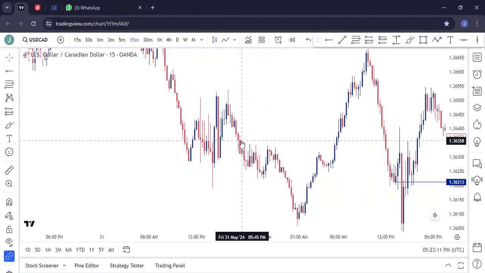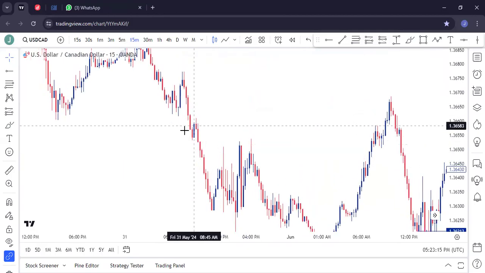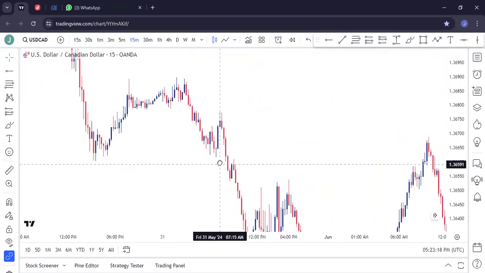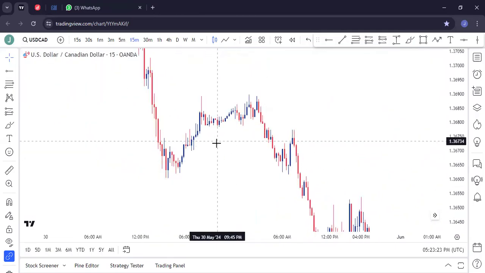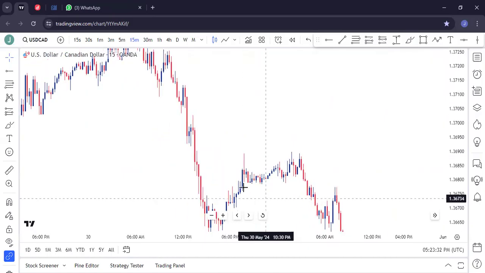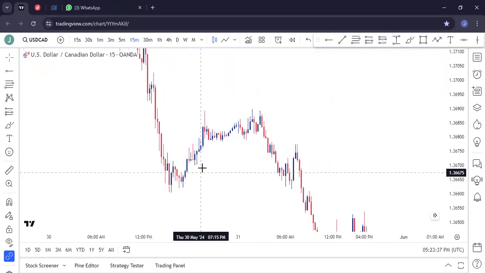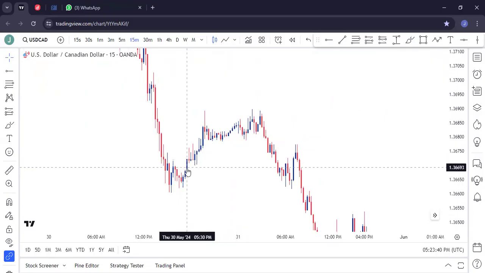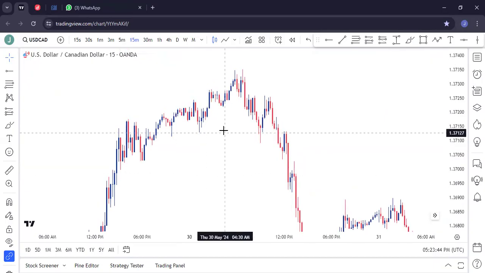So another example, let me see. I took one entry of liquidity engineering.